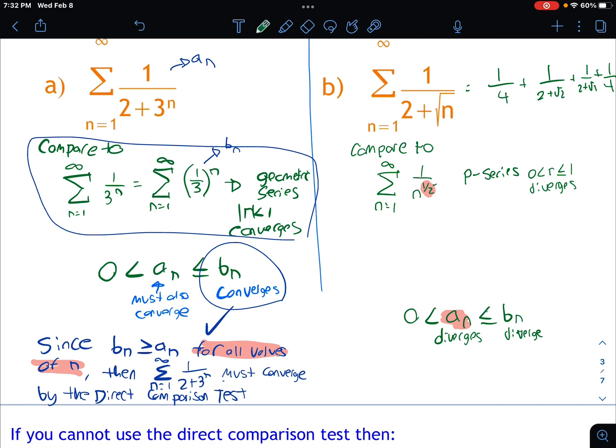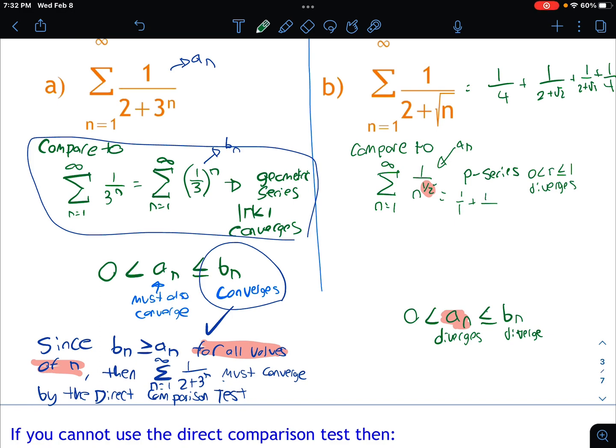Now, we have to show that this is a sub n and the other one's b sub n. We have to show that the top function is always larger. And so let's just go ahead and plug in a few of these to see what happens, right? We get 1 over 1. It already fails. That's larger. Okay?